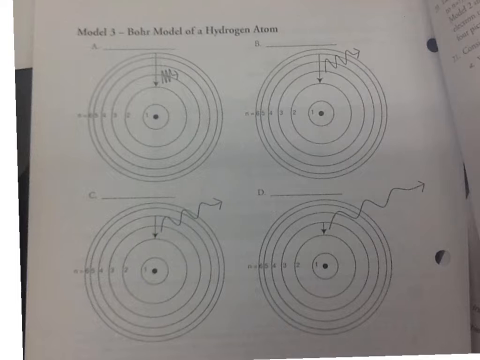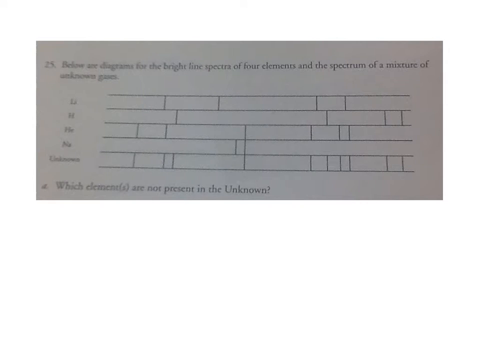Yeah. So here we have some line spectra. They're not colored, but they do show you where the wavelengths are that they emit. So lithium has 4 bands. Hydrogen has 4 bands.